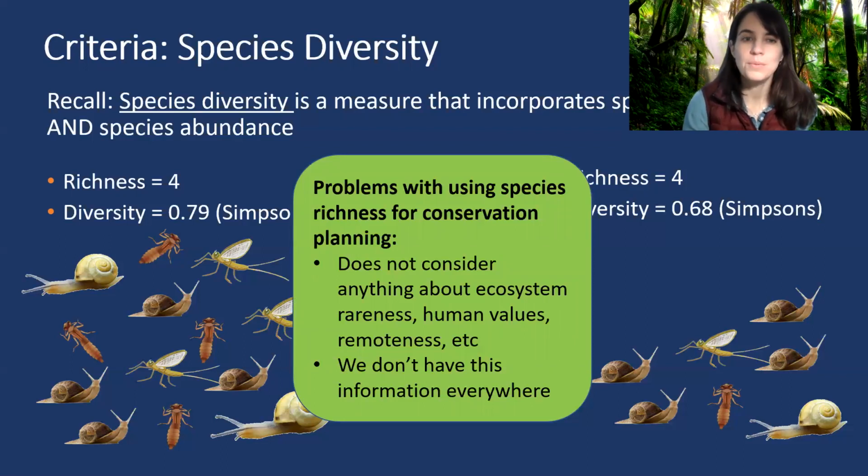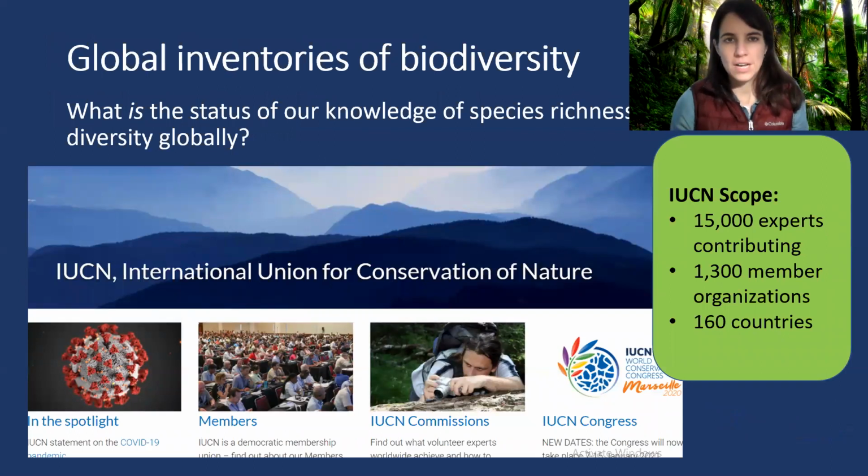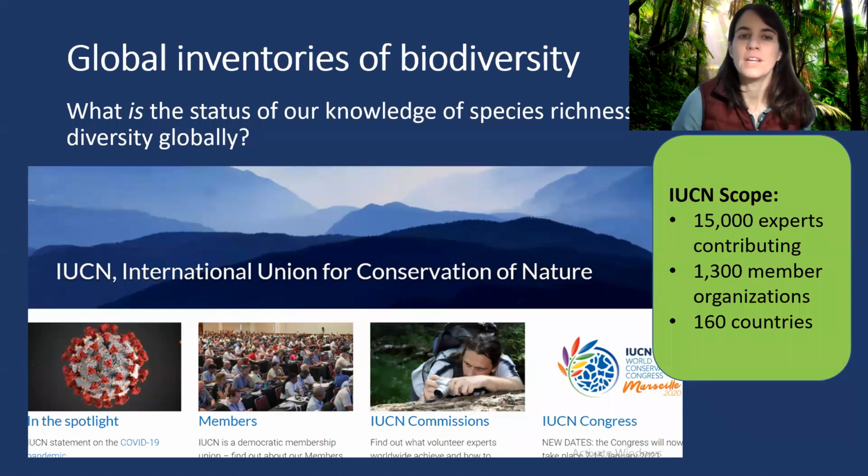And of course, we don't know species richness everywhere. So that's another disadvantage. So let's look at what do we know about species richness and species diversity globally? What are our global inventories of biodiversity? So the best known organization doing work on global inventories of biodiversity is the IUCN, or the International Union for Conservation of Nature.